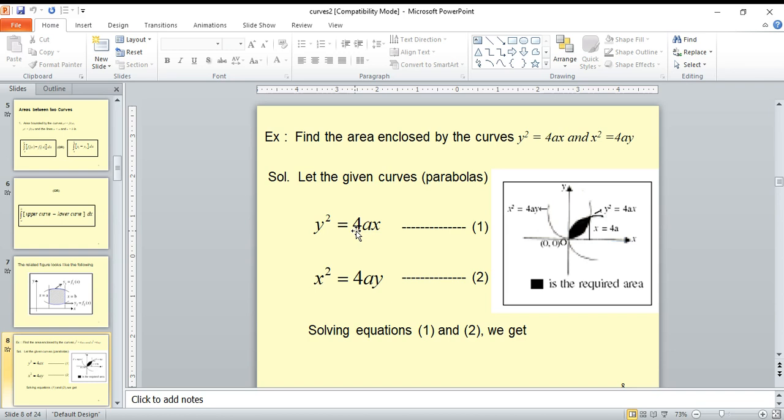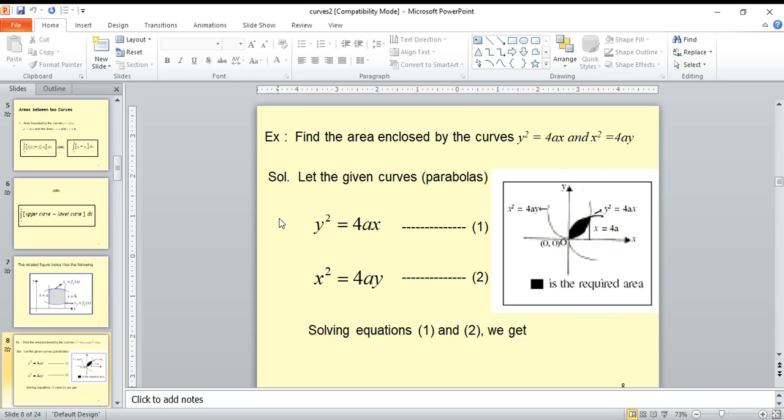Take out y common. Take the left side, that is y power 4 minus 64 a cube y equal to 0. Take out y as common. So that is y equal to 0 and y cube minus 64 a cube equal to 0.